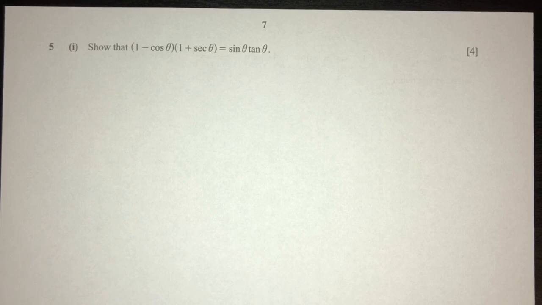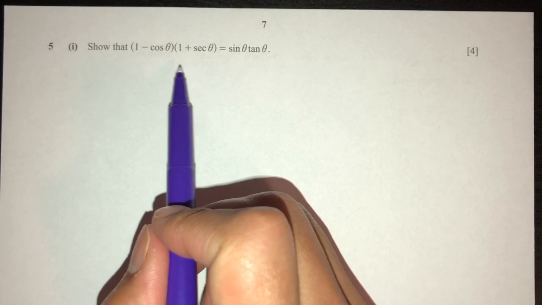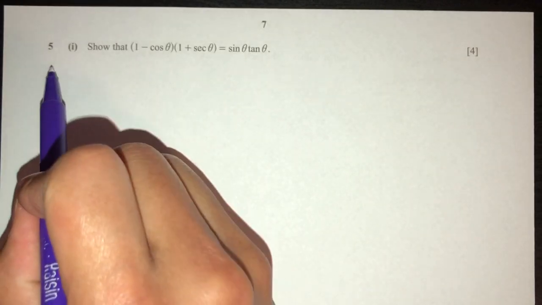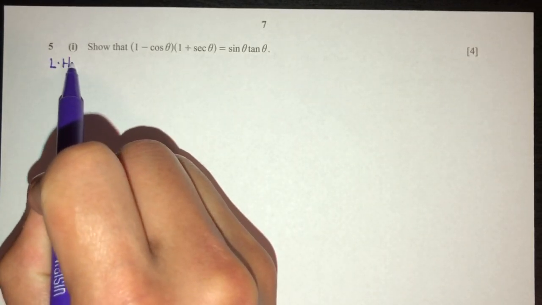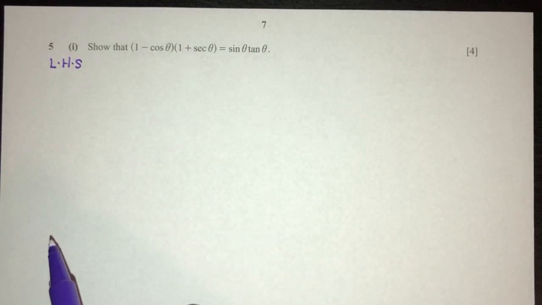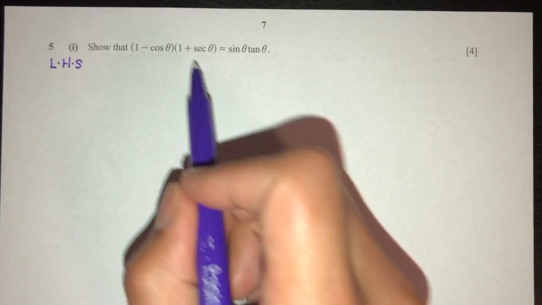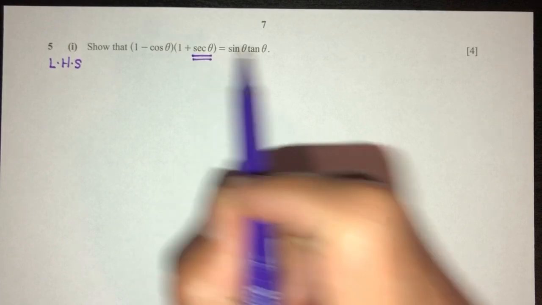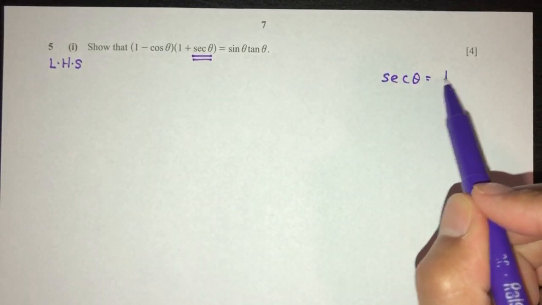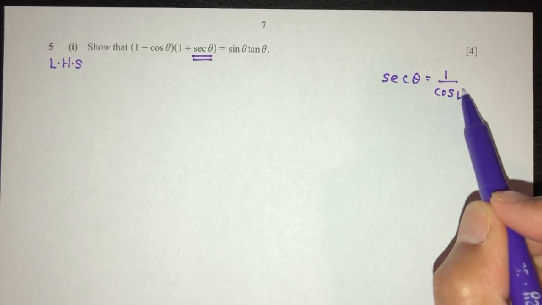So show that 1 minus cos theta times 1 plus sec theta is equal to sine theta times tan theta. So as always, we begin from the left hand side and we try to prove it is true for the right hand side. So what do we see? We have this function. So sec of theta is equal to 1 over cos of theta.